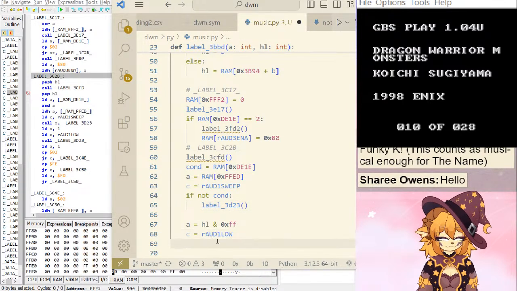This again. Oh, that goes in there, that's right.